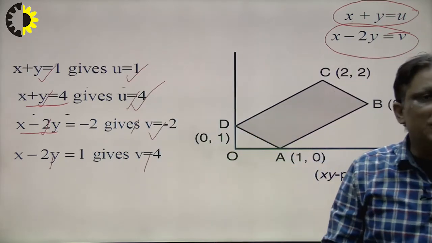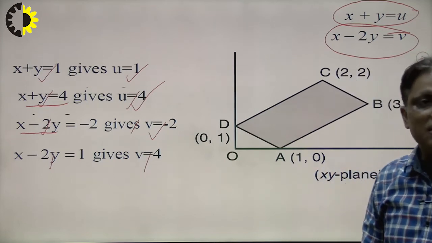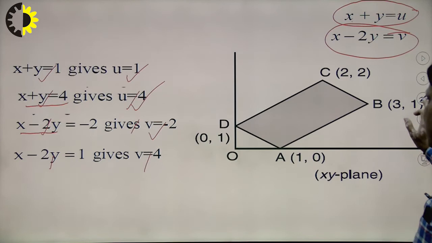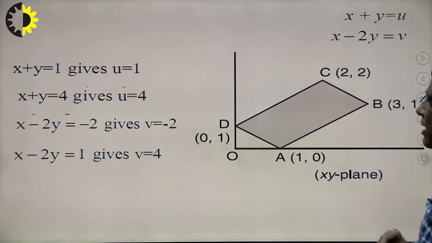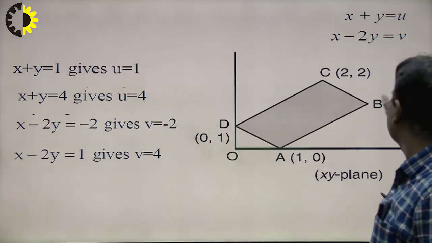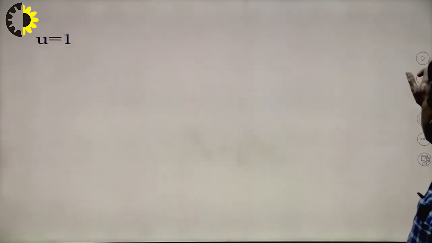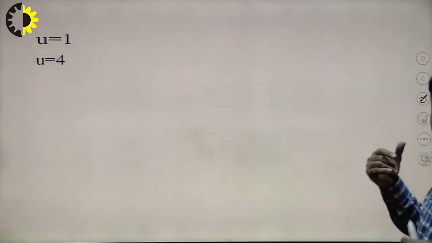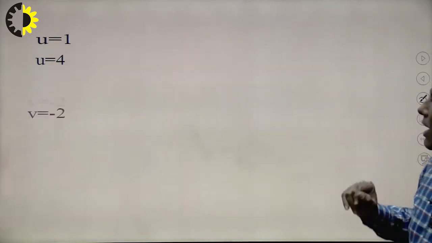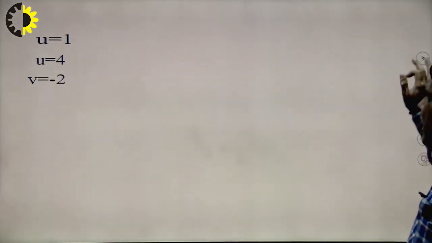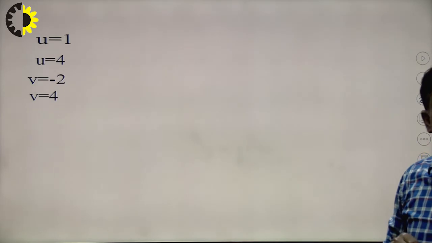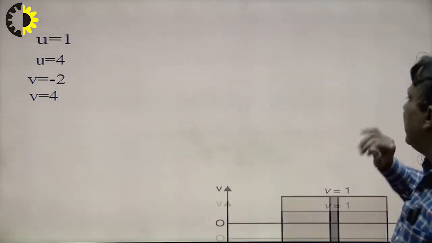And now we draw the uv plane with the help of the xy plane. After the transformation we discuss very carefully how to draw the diagram. We see here u is equal to 1, u is equal to 4 with the help of the previous form, and v is equal to minus 2 and v is equal to 1. So how to draw it in the uv plane, I discuss here.